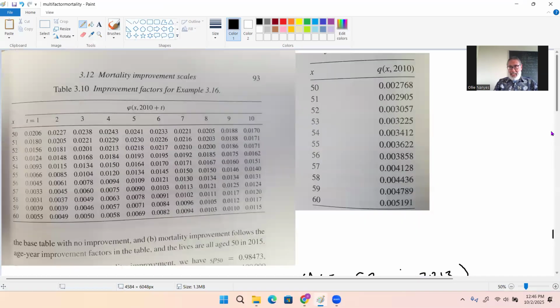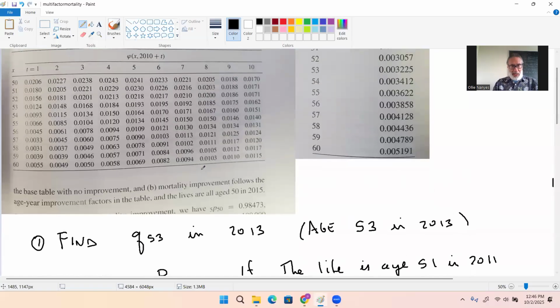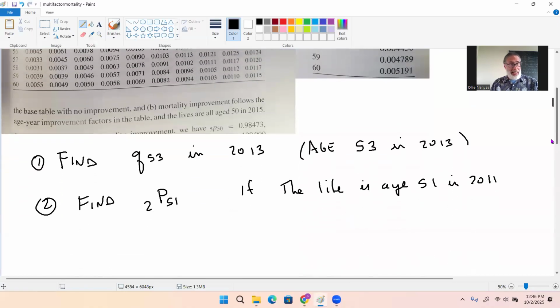Given a table of mortality values at 2010, we'd like to find the probability that a life age 53 in the year 2013 dies before reaching 54. Let's take a look at how to solve this problem.